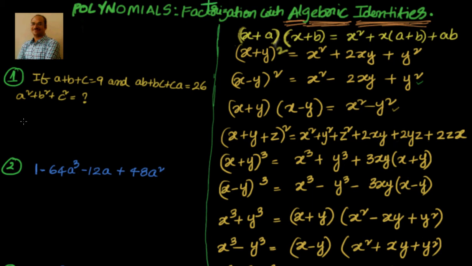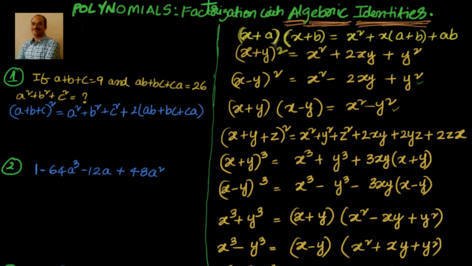So I will write (a plus b plus c) whole square equal to, according to the formula, a square plus b square plus c square plus 2 into ab, 2bc, 2ca. So I can take 2 common, say 2 into (ab plus bc plus ca).